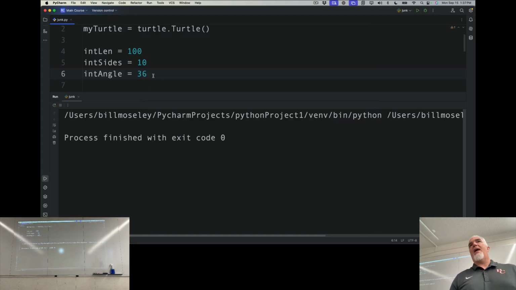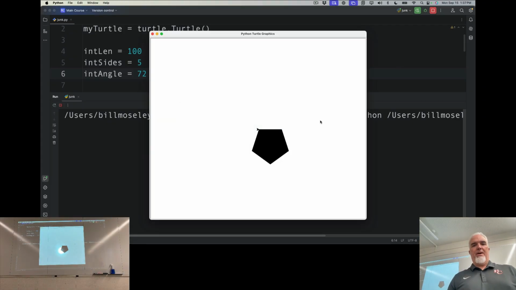So if I wanted to make, I'll make it easy on you, a 5-sided figure, what's my angle? 72. 72 is the correct angle for a pentagon.